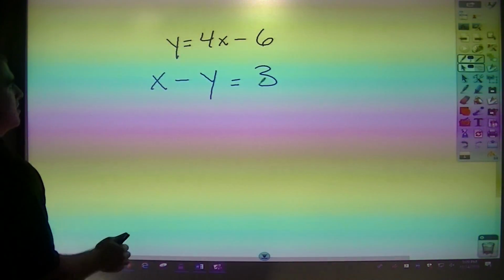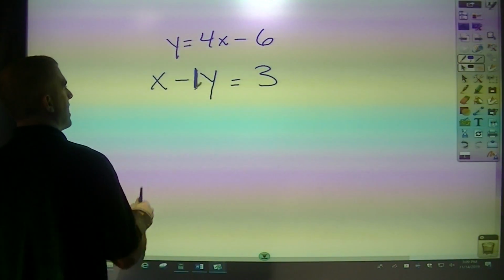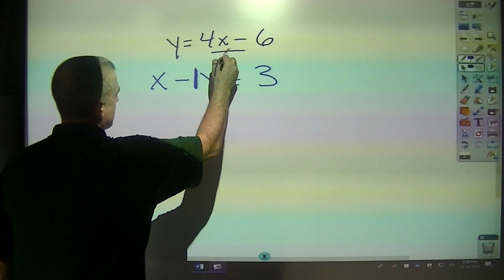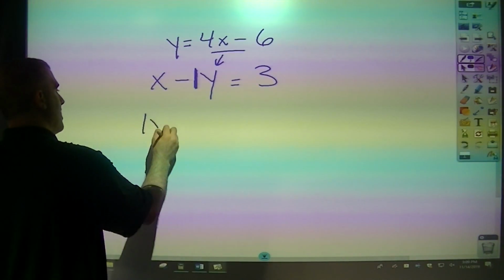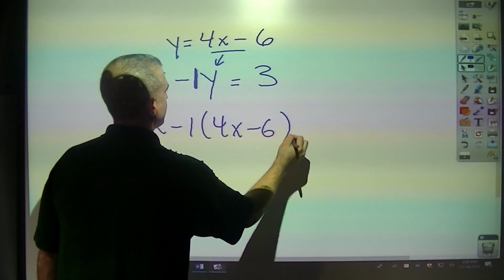Okay, that's fine. Now, what I want to be careful of, there is a negative 1 here in front of y, so I'm going to take this and put this in here. So I got 1x minus 1 times 4x minus 6 equals 3.